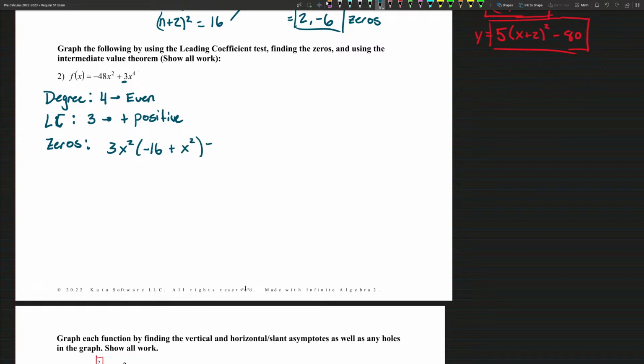So if we factor it and set that equal to 0, then either 3x squared is equal to 0 or negative 16 plus x squared is equal to 0. So x is equal to 0 or x squared is equal to 16, which means x is equal to plus or minus 4.